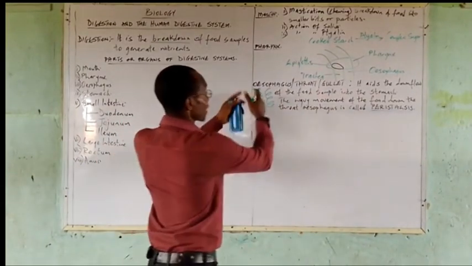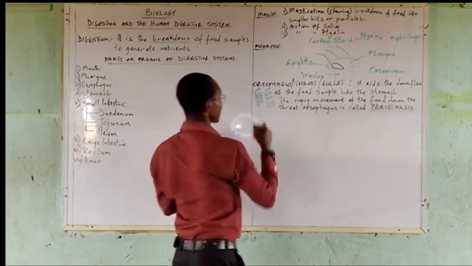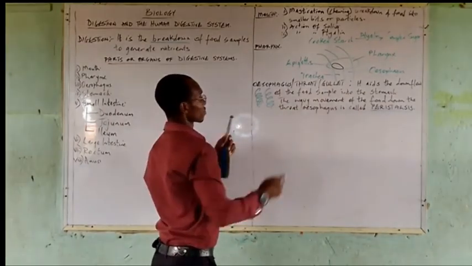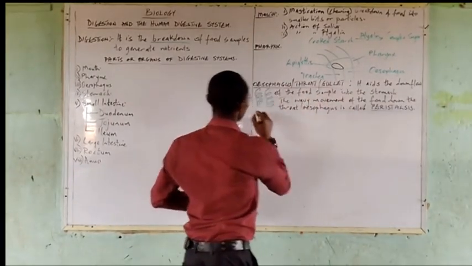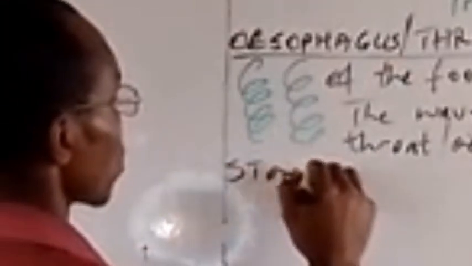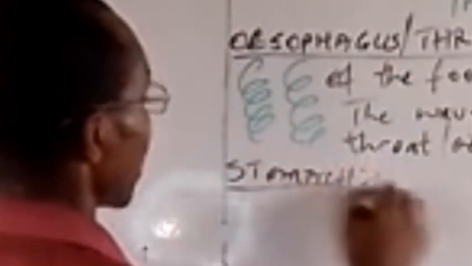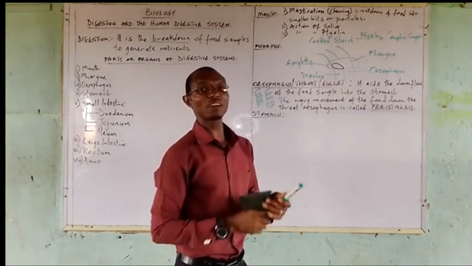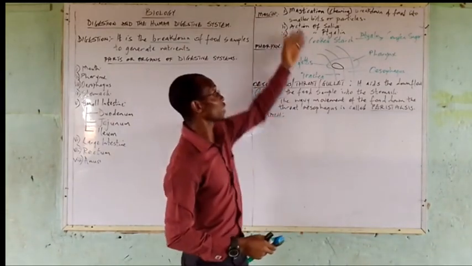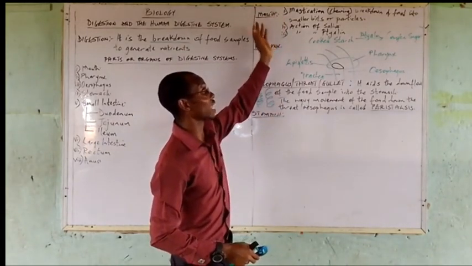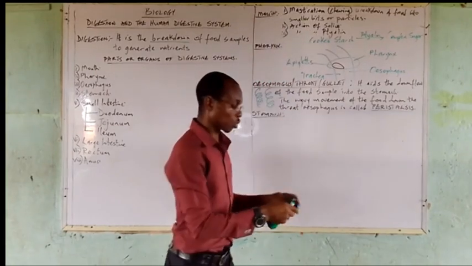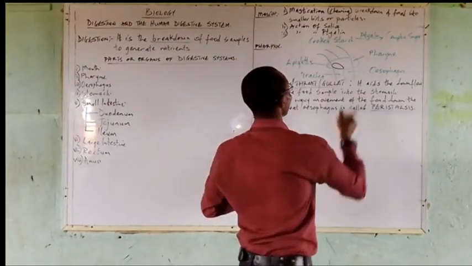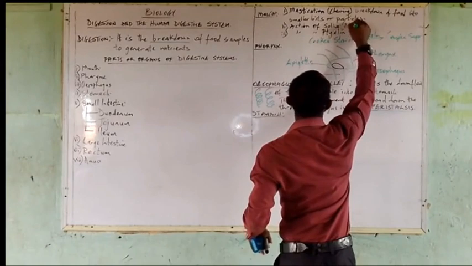Now, as the food passes the esophagus and gets into the stomach, what happens in the stomach? The food was originally acted upon by saliva, and I told us that saliva is alkaline in nature.